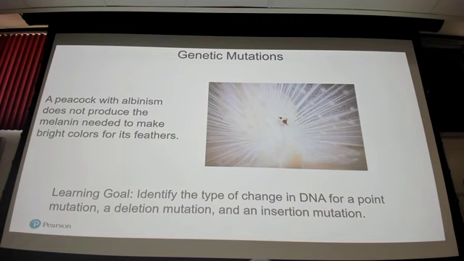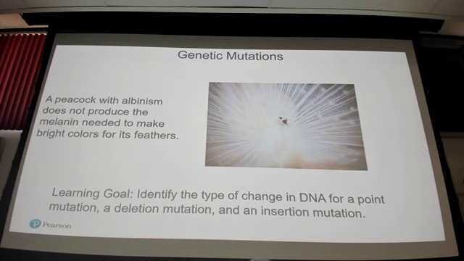So, if there is a genetic mutation in our DNA, it's going to cause a number of different things with varying severities. Here we see an example of a peacock that has albinism. Peacocks are normally very colorful. They're very mean animals, but they're very colorful and beautiful.